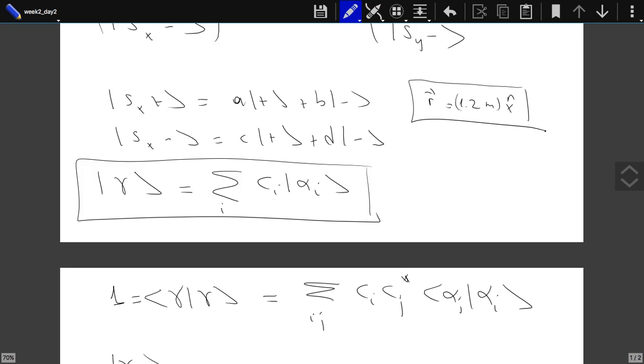Just like that, we saw that this way of making a mathematical model and manipulating those things doesn't really describe nature properly, at least in certain cases. The silver atoms passing through a Stern-Gerlach experiment, we couldn't describe it in that way. So now we are just constructing a different mathematical model.